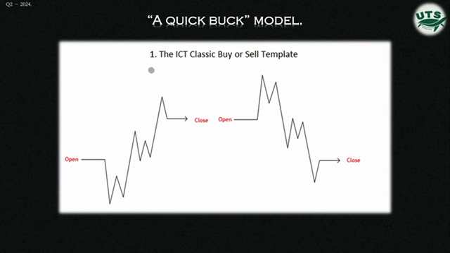The essence of the ICT buy or sell template is that when bullish, in an ideal scenario, you buy below the open. They open, you get one trade here, trade number 2, trade number 3, a classic buy candle.